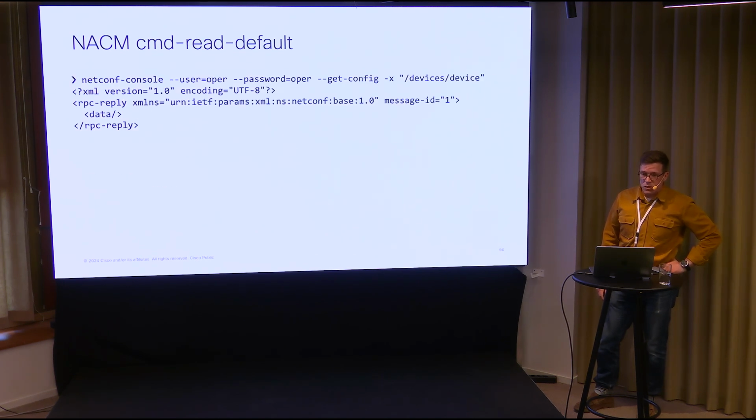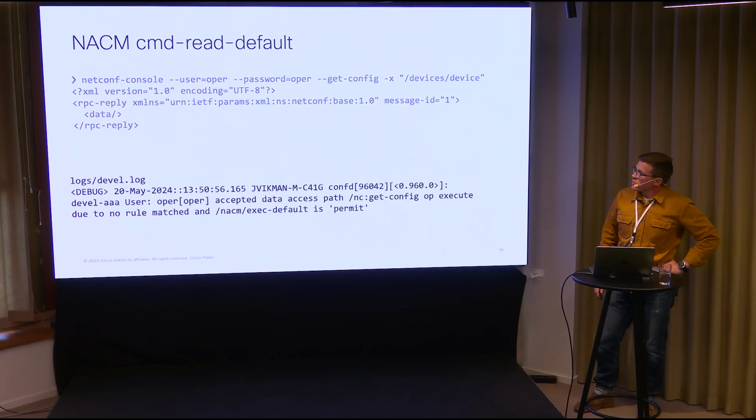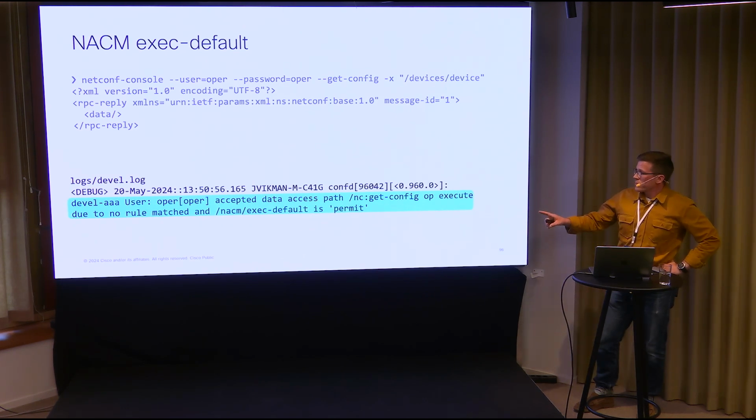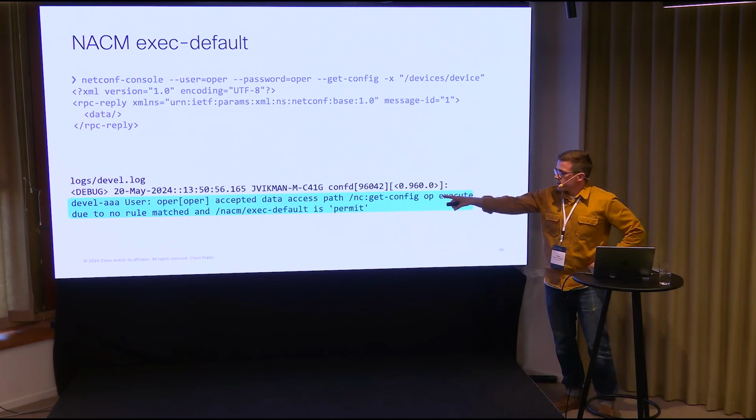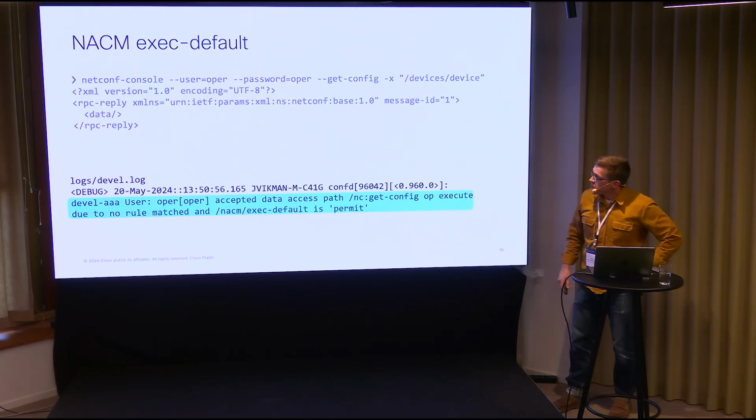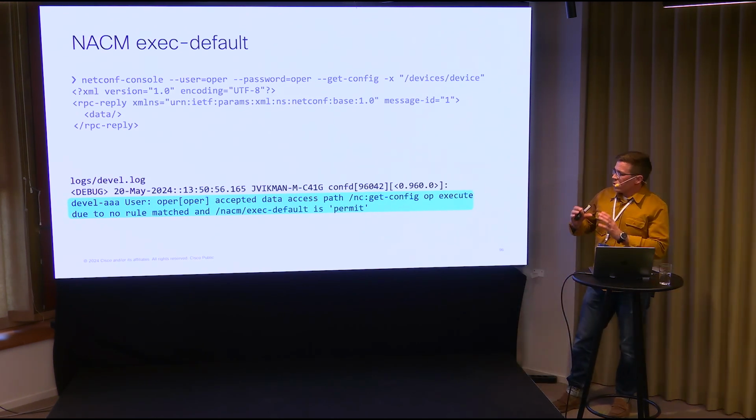A NETCONF get-config here. We see in the developer log that we have a default that is permit, and it says oper there, and oper in the brackets is the group. So this user is only part of one group.